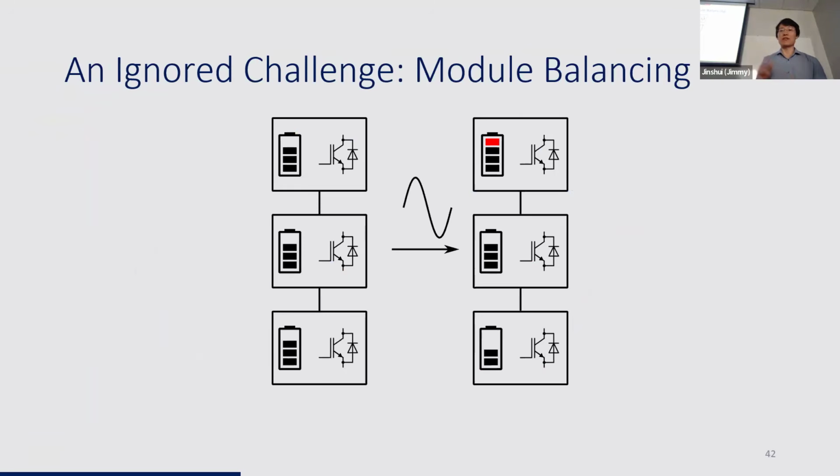And this process is different for each module. As a result, some modules may accumulate more energy than others, which means a higher voltage, like this module on the top. And if this difference grows too large and the voltage gets too high, it will damage the module, even the whole system. So we must keep all module voltages close to the same level.